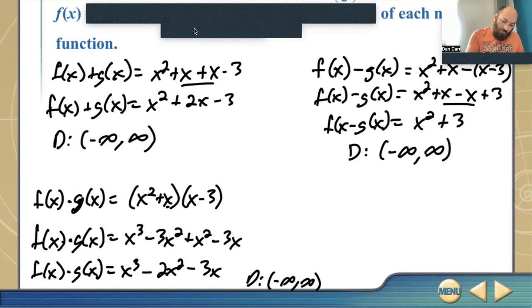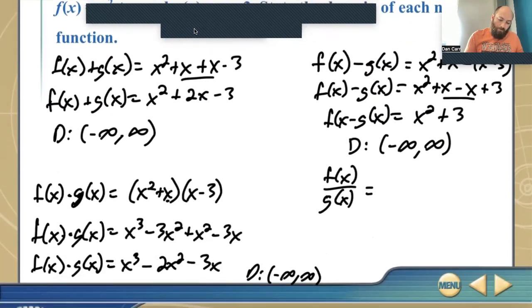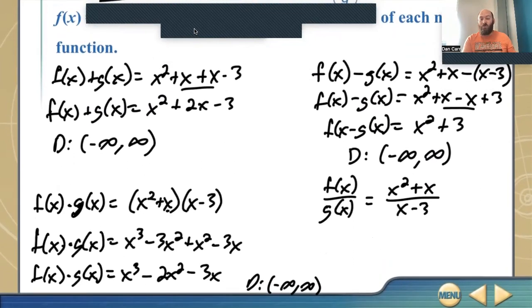For my last one, we're going to have f of x over g of x. Okay, pretty sure. Yep. And that's going to end up being x squared plus x over x minus 3. Now, remember with this one, our domain is going to be restricted because we cannot divide by 0. So we have to ask ourselves what value of x would make this a 0 denominator.